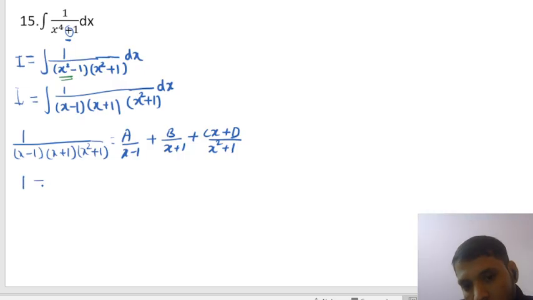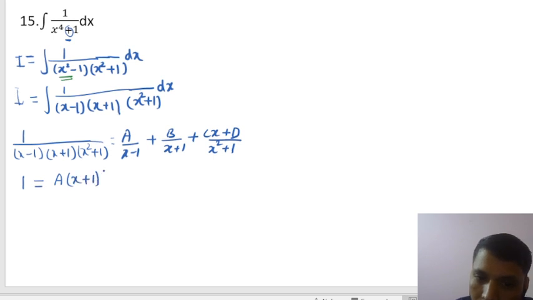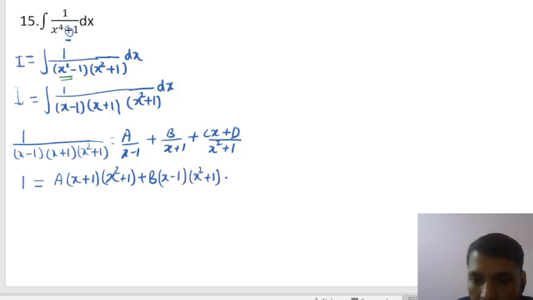If we are taking LCM, here it will become 1 is equal to a into (x plus 1) into (x square plus 1), plus b into (x minus 1)(x square plus 1), and then plus (cx plus d) multiplied with (x minus 1) into (x plus 1).